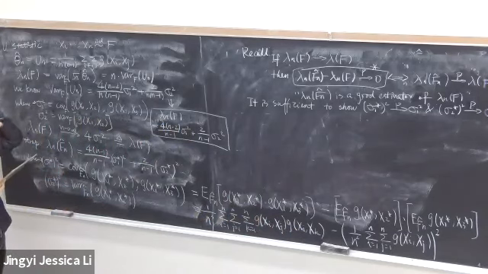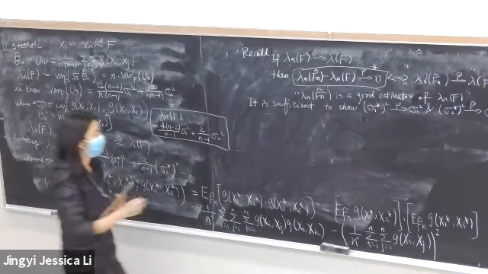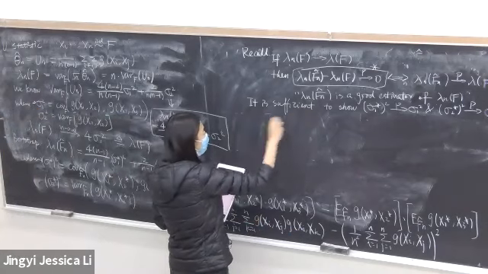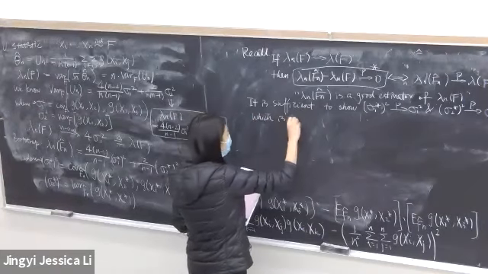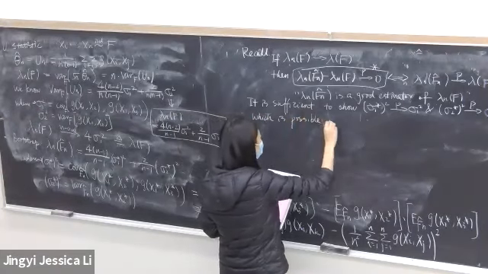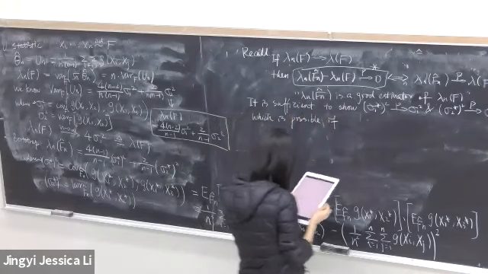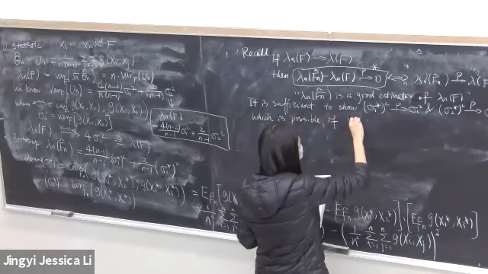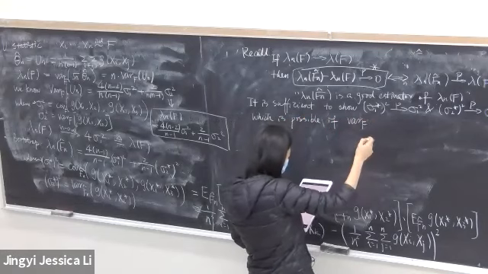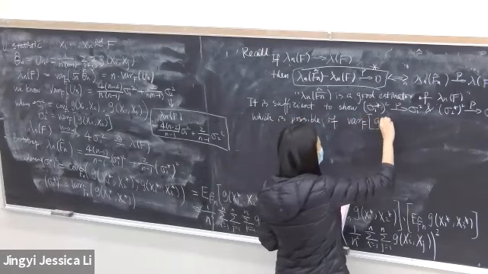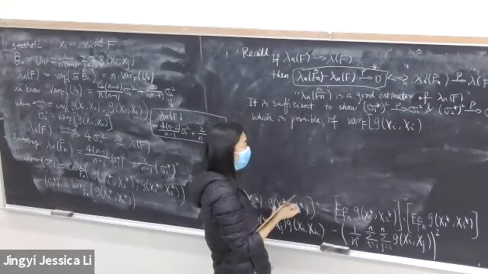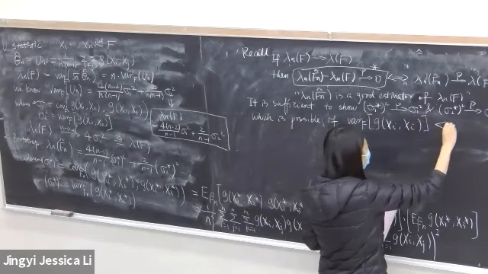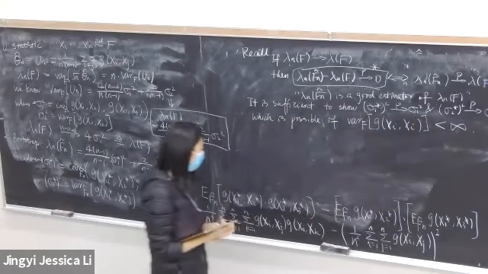But we could actually fix it. In other words, if we have this thing, the variance of g(xi, xi), which handles the repeats here, finite, then we are good.